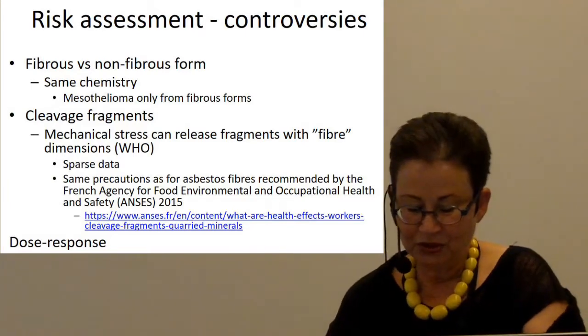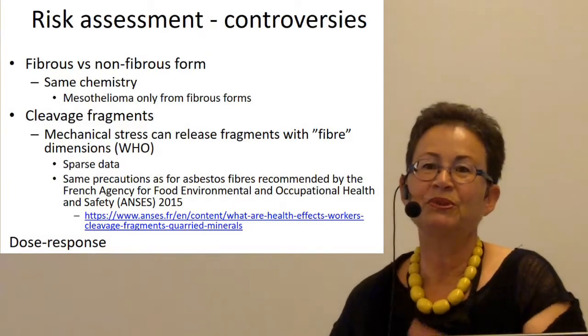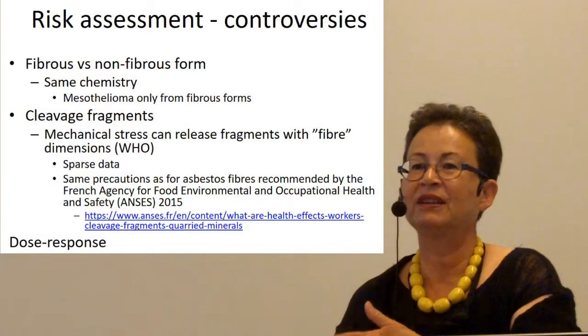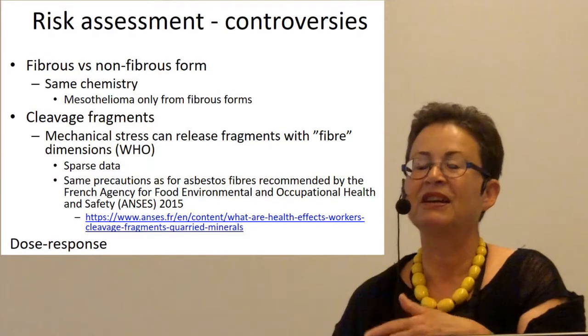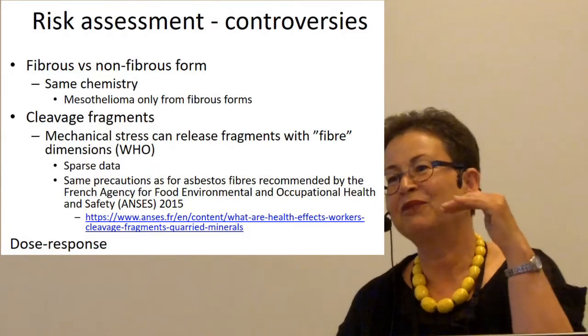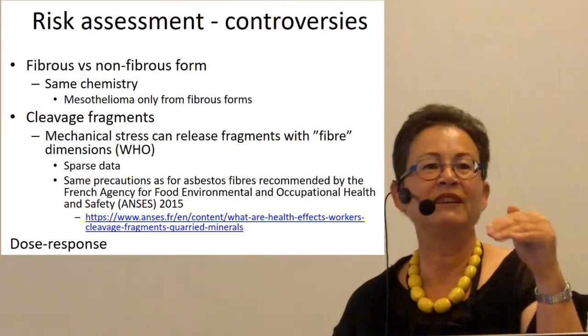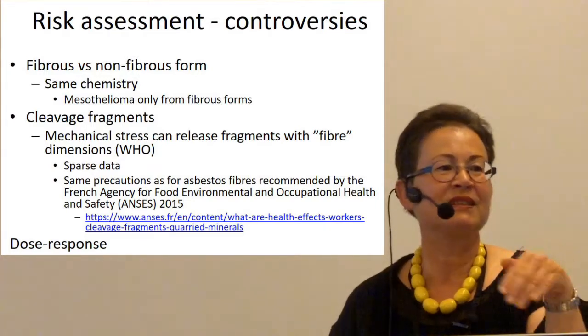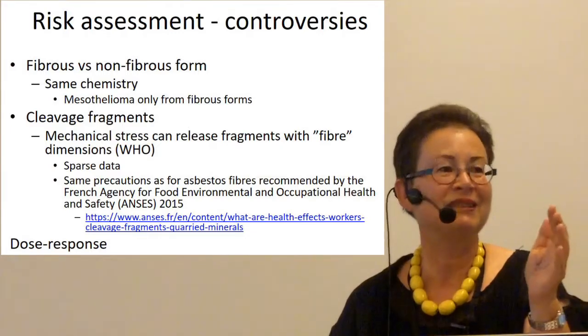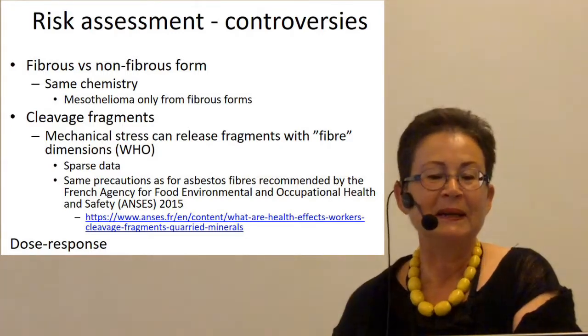And then there was this issue of dose response. Would these naturally occurring asbestiform fibers, for the same exposure level, confer the same risk as the commercially mined asbestos fibers?